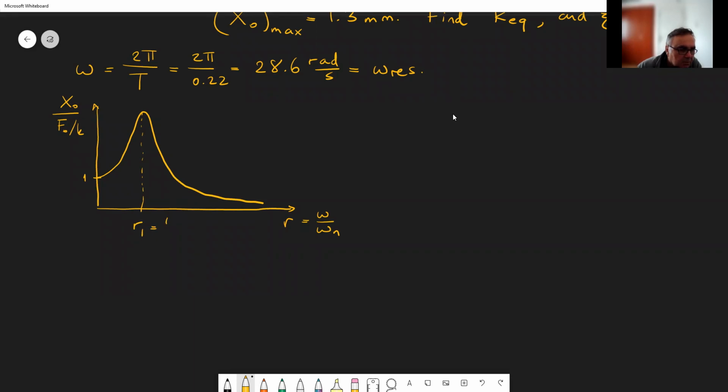R1, let's say, is omega resonant over omega n. So the resonant frequency is given as 28.6 radians per second. And we know that the resonant frequency is equal to not the natural frequency, but it is omega n times square root of 1 minus 2 zeta squared, as we know.